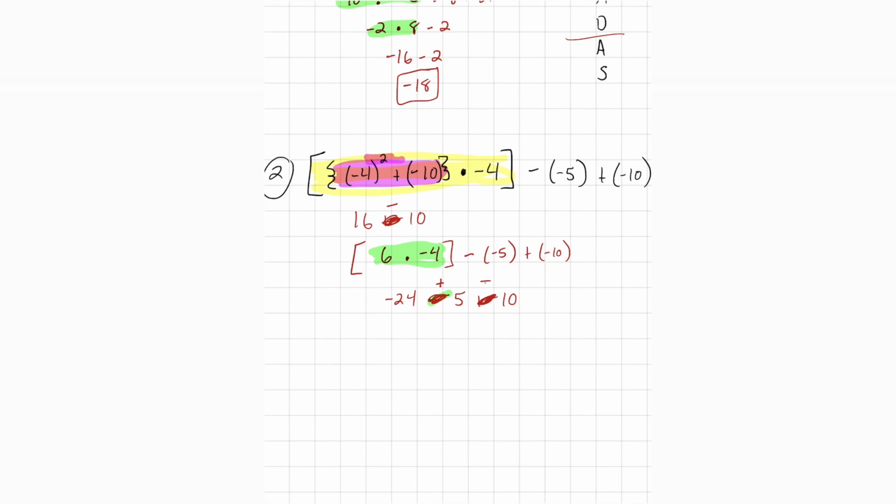So the easiest way to write all of that and simplify those double signs is negative 24 plus 5 minus 10. And since that's just addition and subtraction, we're working our way left to right here. So our first step is negative 24 plus 5. I'm sorry, negative 24 plus 5 is negative 19. And we have negative 19 minus 10, which ends up being negative 29.